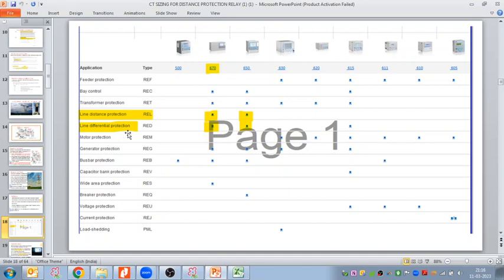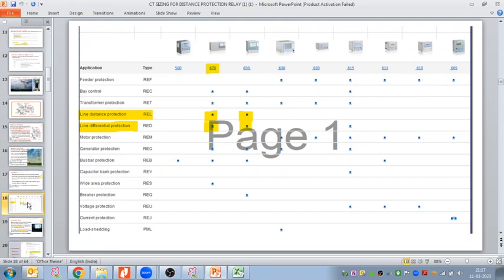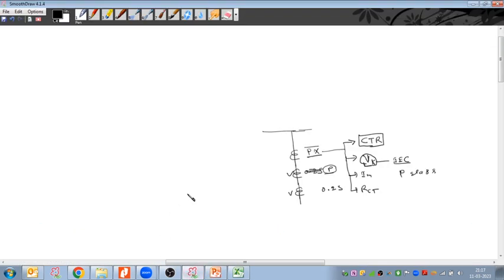If we have a long transmission line, we need to select the distance relay, and for that the relay model would be REL670 or REL650. So this all we discussed yesterday. And now, what is our approach for the CT knee point voltage calculations?